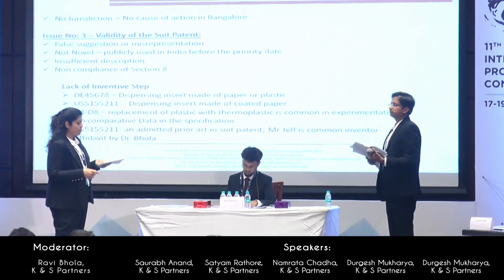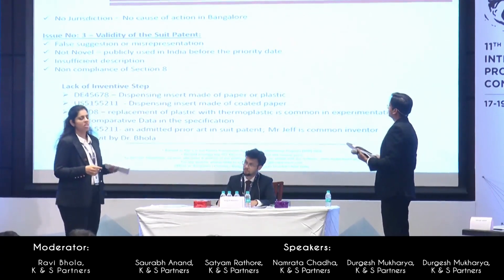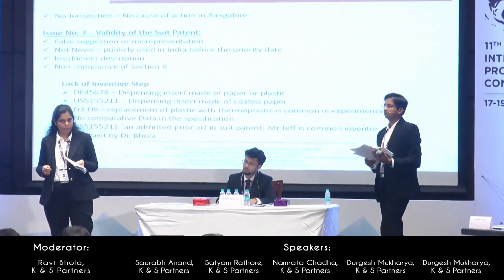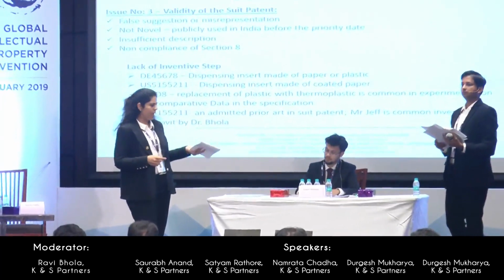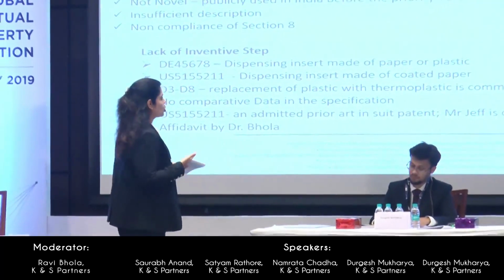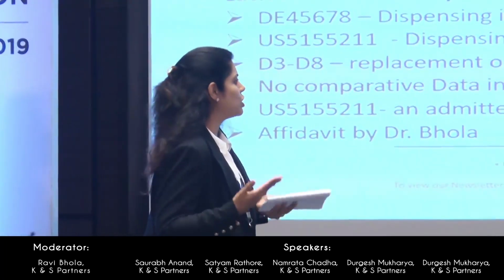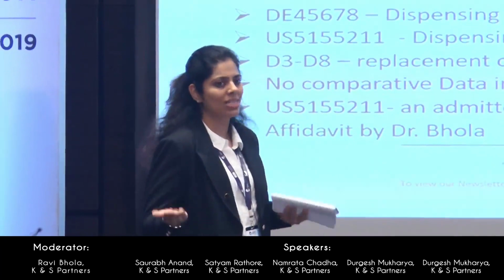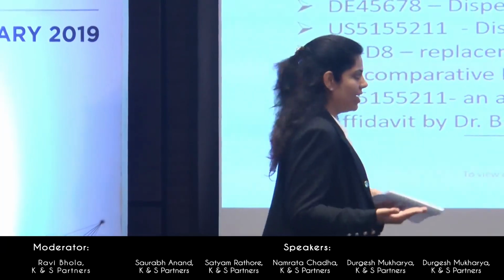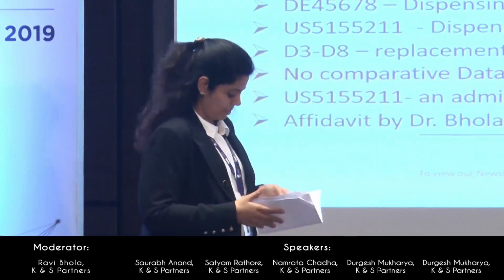Further, this US prior art is also an admitted prior art in the suit patent, and one of the inventors, Mr. Jeff, is common amongst these patents. This simply implies that Mr. Jeff was already aware that an increase in glossiness of paper is going to reduce the noise levels to a greater extent, and thus he made the trials with polyethylene, which is obviously glossy on both the sides.